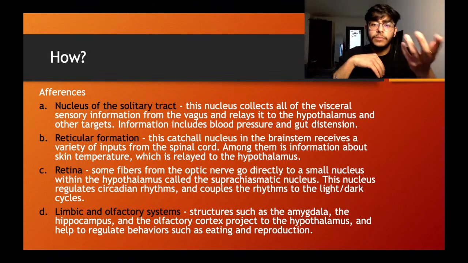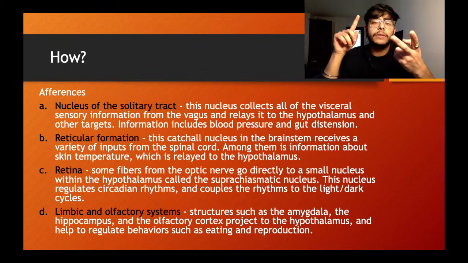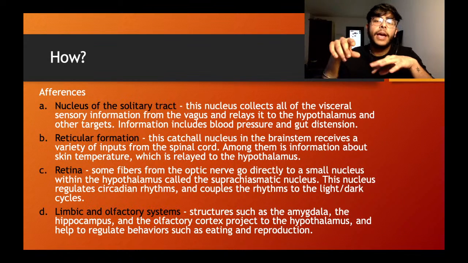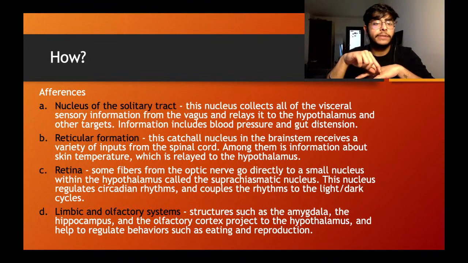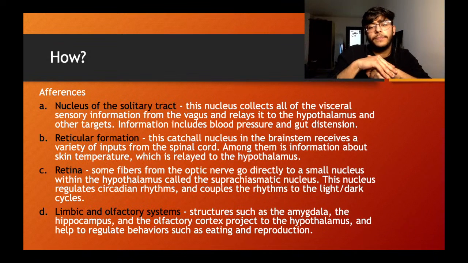The retina, like I said, the light and dark cycle has everything to do with the optic nerve, the retina, the suprachiasmatic nucleus, and the Edinger-Westphal nucleus, which I shall get to. The limbic and olfactory systems. Now, the limbic system is basically everything that humans have developed emotionally.